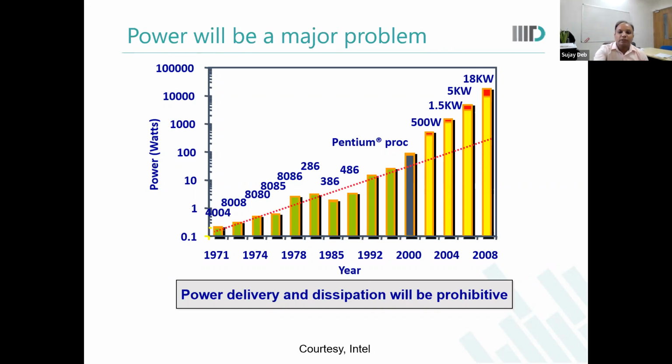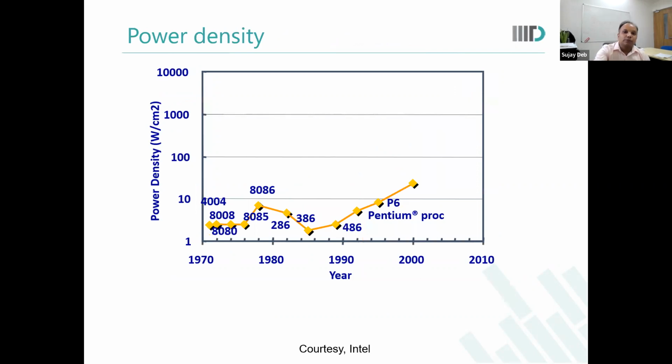This results in power density numbers which are very, very scary. For example, if you look at these power density numbers, for the Pentium 6, P6, it was in the range of a hot plate, so you could pretty much cook your food on it.